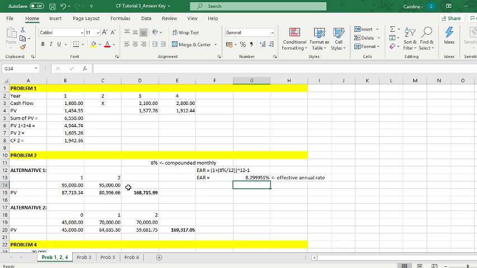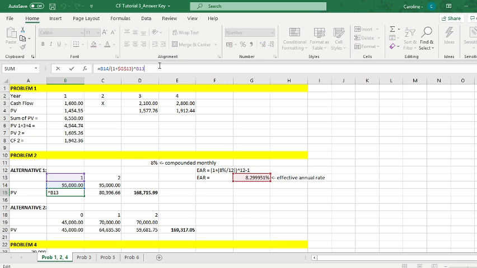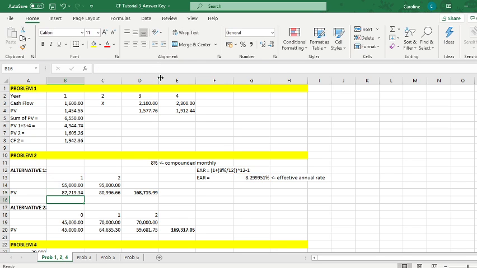8.29951%. And then from these examples, in alternative one, you're going to receive $95,000 in the first year and $95,000 in the second year, and you need to calculate the present value of year 1 and year 2. You find that the present value of the first year cash flow is 87,719.34.